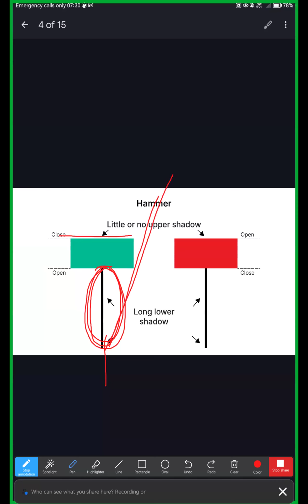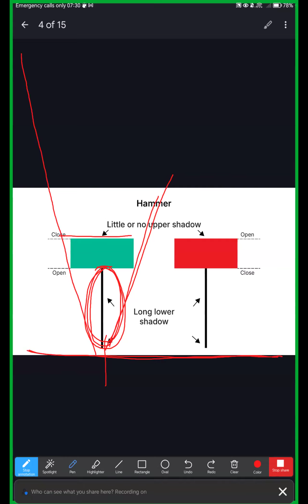So it signifies that the trend might likely change. Remember, for you to locate a valid hammer, the market should be trending downward. At the bottom of the trend, you are going to see this type of candle forming.